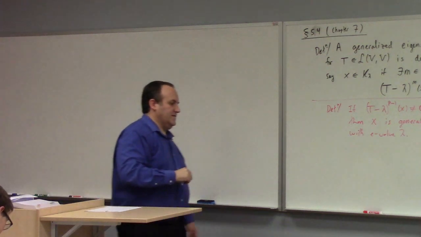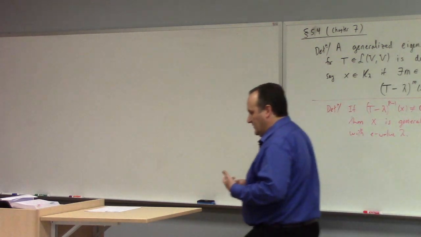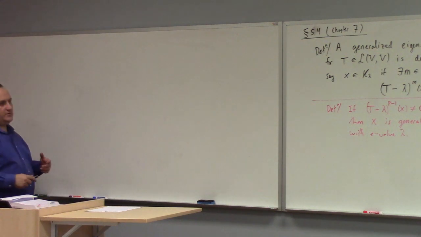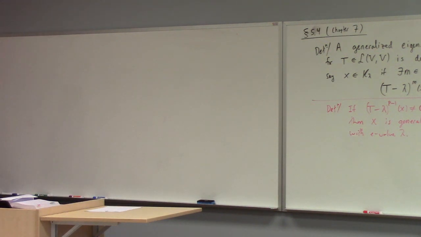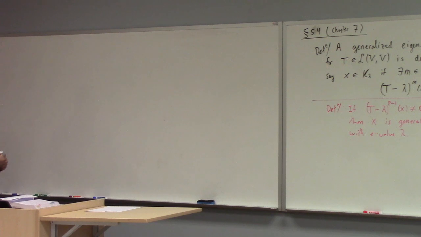The truth is, the full algorithm to calculate this basis beta is called a Jordan basis, provided that you arrange the basis in such a way that the vectors are in what are called chains of generalized eigenvectors.